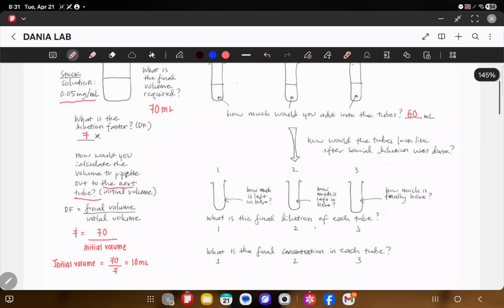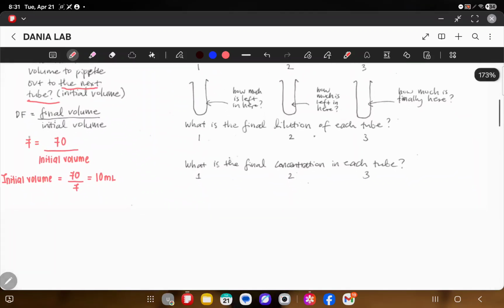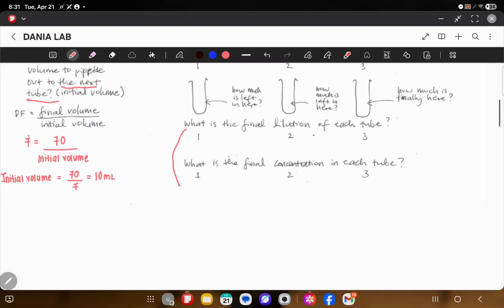Now I will calculate the final dilution for each tube. Tube 1 is 1 over 7 of the stock. So the final dilution is 1 over 7 times.